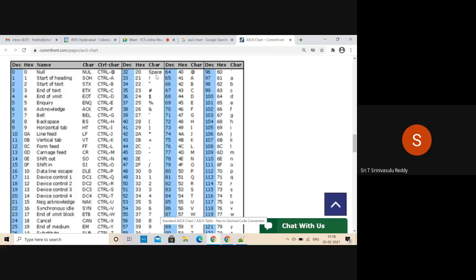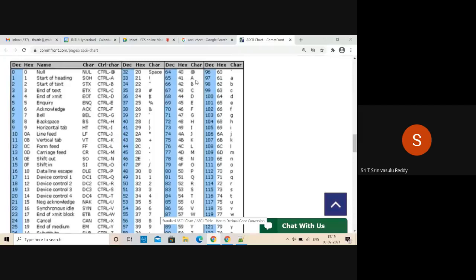In fact, for the difference between lowercase and uppercase of anything, capital A is 65 decimal, small a is 97 decimal. What is the difference between 97 and 65? This is 32.